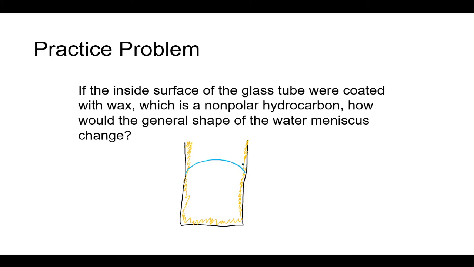Again, because it's going to minimize all of these nonpolar-polar interactions here, and it's going to maintain these polar-polar interactions amongst the water here. So this should look much like the mercury example, not like your classic water and glass example, right? Because here adhesive is weaker than cohesive now that we've coated it in wax. And you can do this experiment at home, actually.